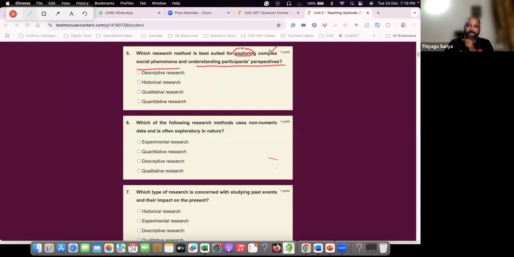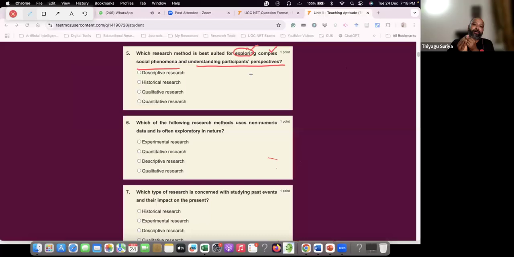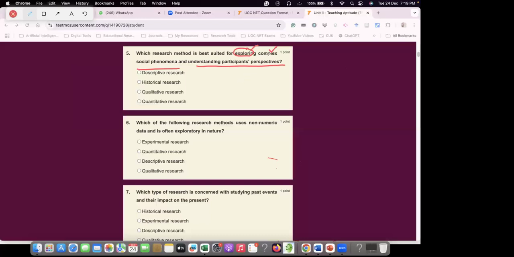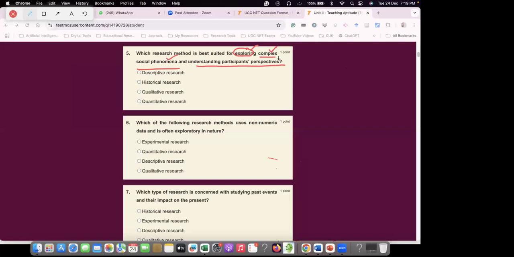What does exploring mean? Historical? Descriptive? Qualitative. No, please see this. Historical is talking about the past. Here, they are asking about exploring complex social phenomena, what is currently going on, talking about the present, and understanding the participant perspectives.